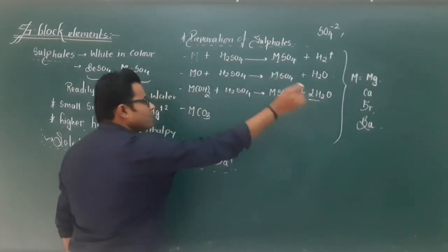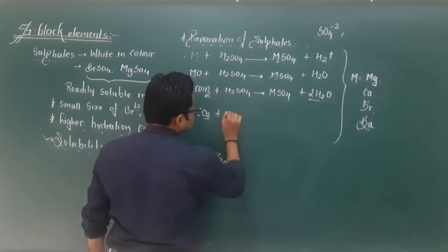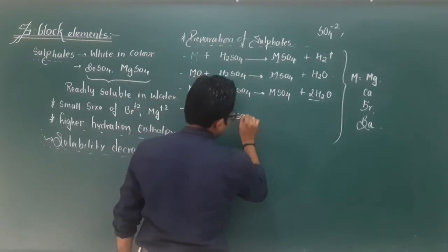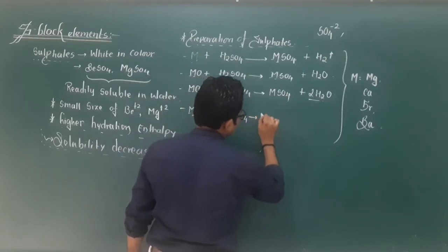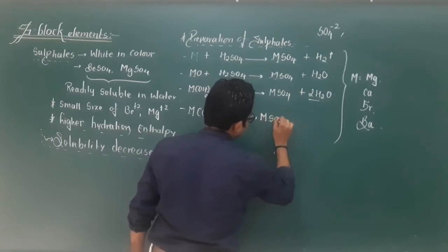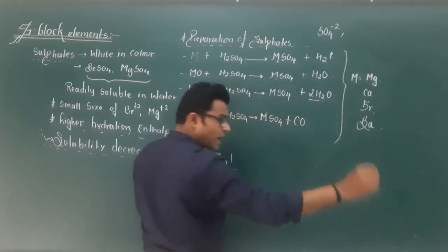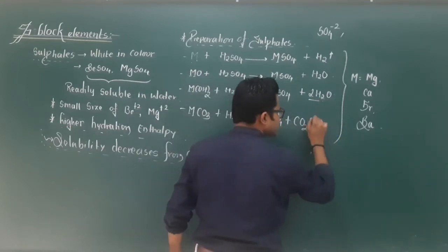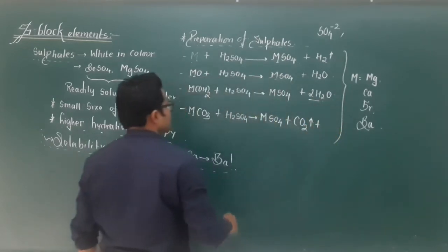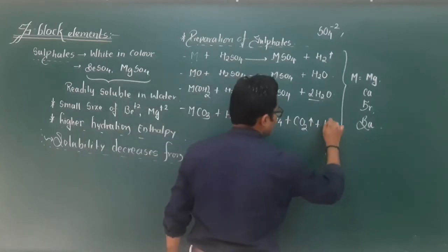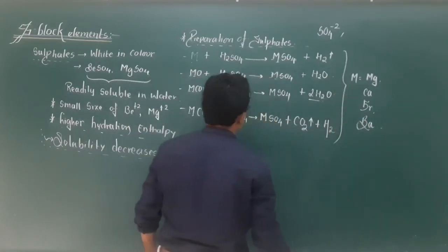So when we have this reacting with H2SO4, it will give us MSO4 plus the carbonate section breaks down in order to give us carbon dioxide. Along with this, there is liberation of H2O.